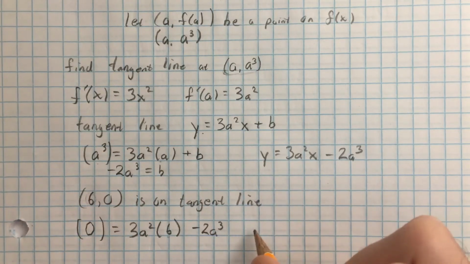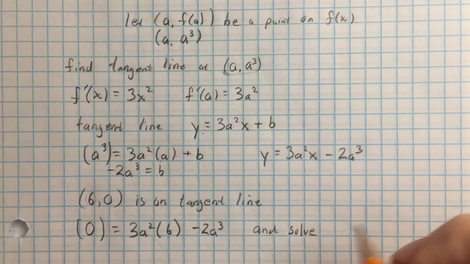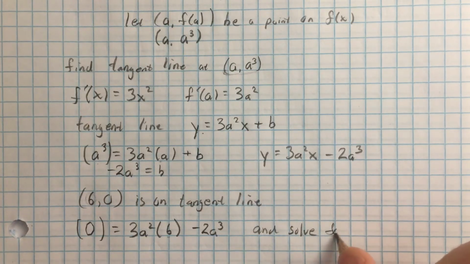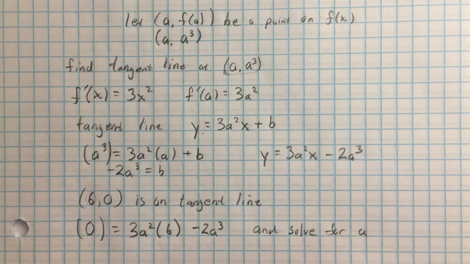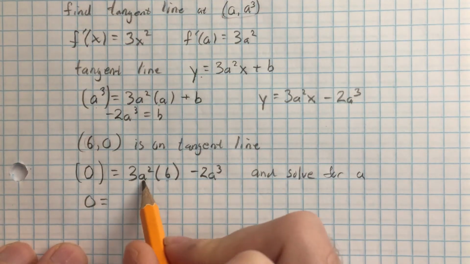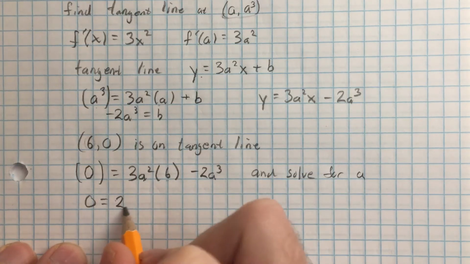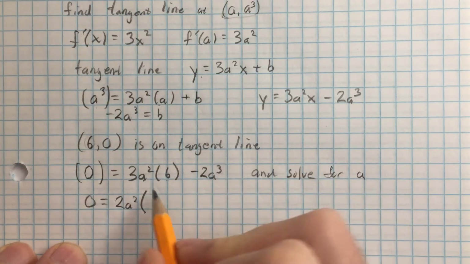Now I'll just solve for a. Because again, a is the location on the curve where the tangent line has this property. So I'll get 0 equals, if I factor a little bit here, I can take a squared out of this, and I can take 2 out of both of these. So I'll take 2a squared out from both of these.